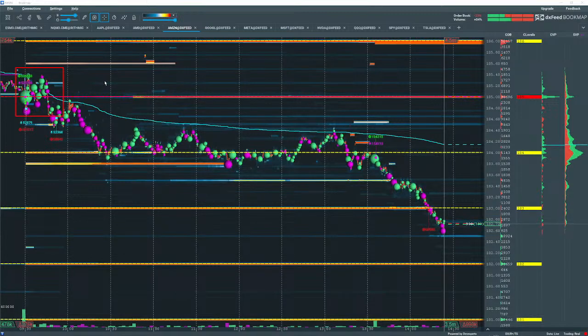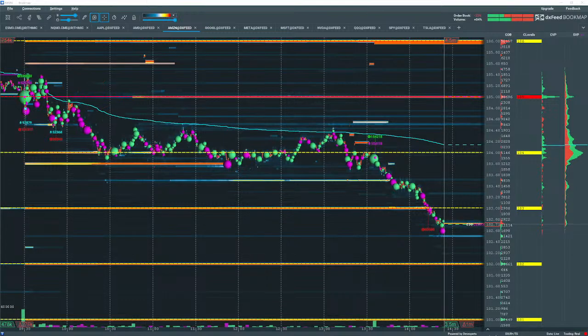Not quite, it looks like it did not quite get up to that level. It reverses at VWAP, just below the key gamma strike. And notice the bearish order flow coming in, all those pink volume dots. Again, that didn't last long. Price chopped around the 104 level for quite a while, and now is moving lower.